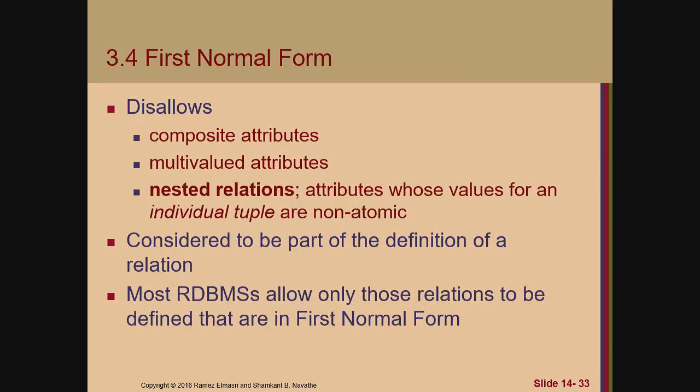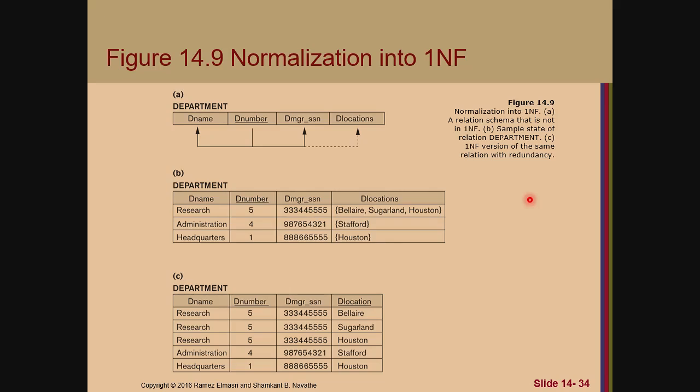For the first normal form, composite attributes are not allowed. Multi-value attributes are not allowed. Nested relations are not allowed. So if you have this kind of data inside the tables that does not satisfy the first normal form, what should we do?